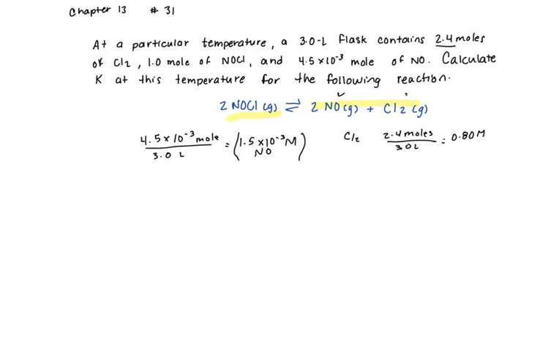Now we did our products, so now we have to look at our reactants. And what do we have for our reactants? We have 1 mole on a 3-liter flask, and that should equal 0.33 molarity.